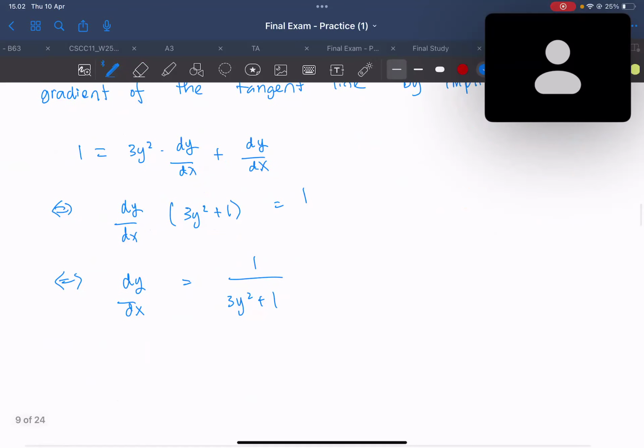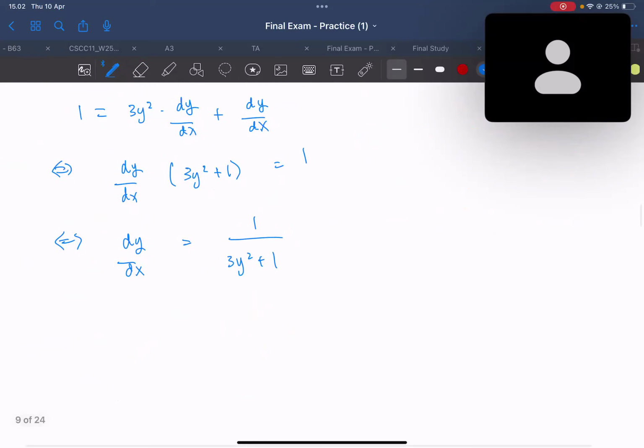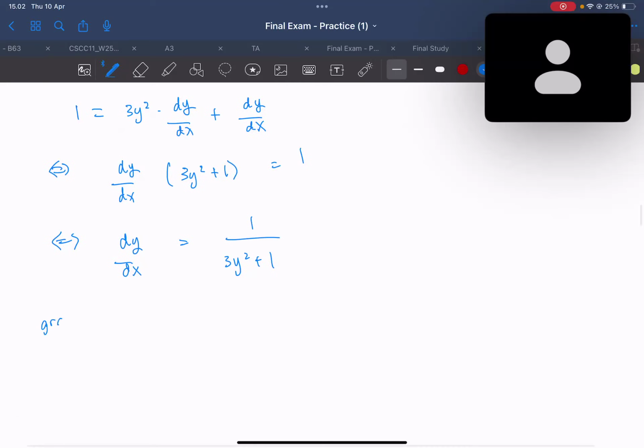So now we have the function of the gradient, and we want the actual gradient, so we plug in the value. We want to get the gradient at (a, b), so the gradient of the tangent will be 1 over 3b squared plus 1.